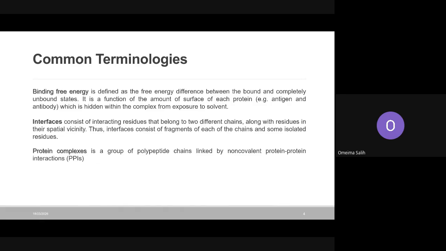So there is a production of energy, and that's why we call it binding free energy, the difference between bound and completely unbound state of a polypeptide.